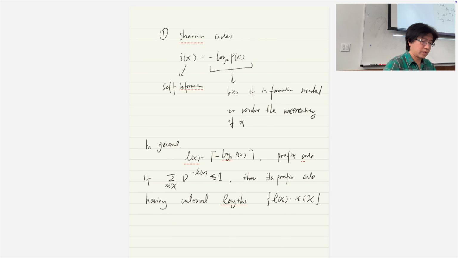So the only thing we need to show is that this inequality will hold if we pick this code length. Let's see how we can do that.